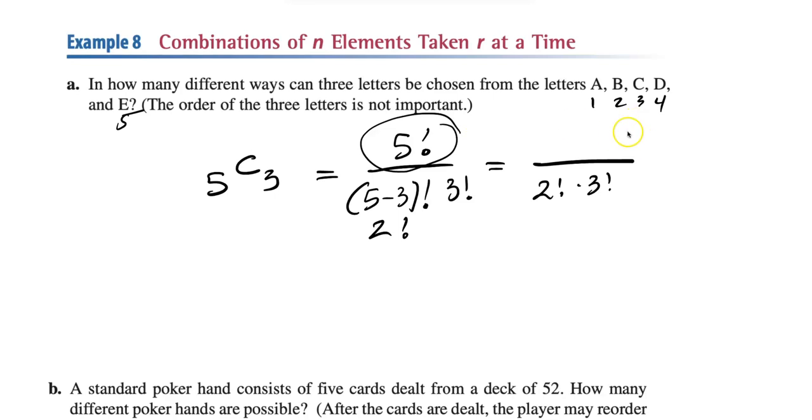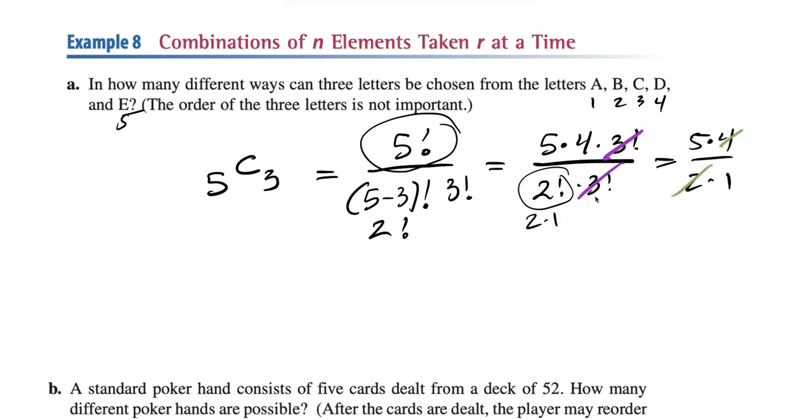Remember, you only want to break it down until you get the highest one, then you're going to stop. So 5 times 4 times 3 factorial. These cancel out. We get 5 times 4 over 2 factorial, but 2 factorial is 2 times 1. So you can reduce after, you can reduce before. I'm going to reduce right now. So I get 5 times 2, which is 10. So 10 different ways to pick 3 of them out.